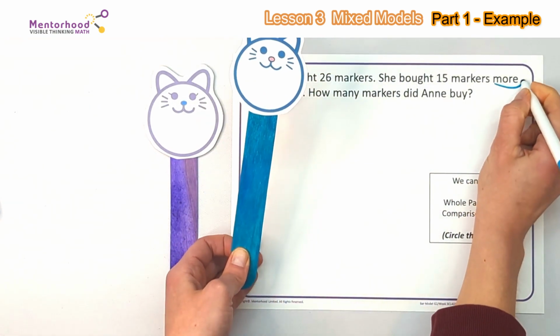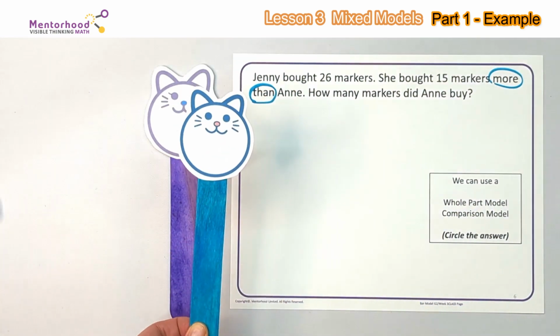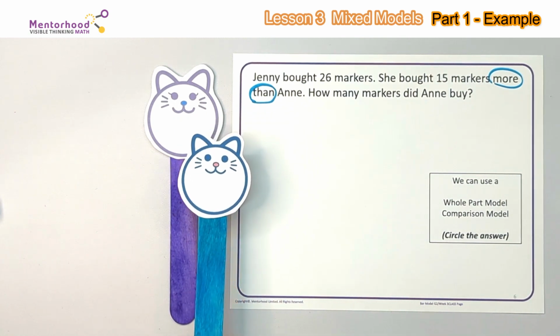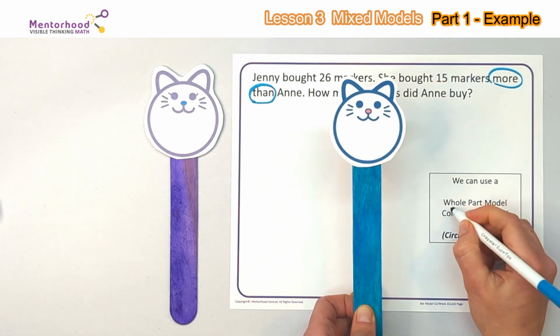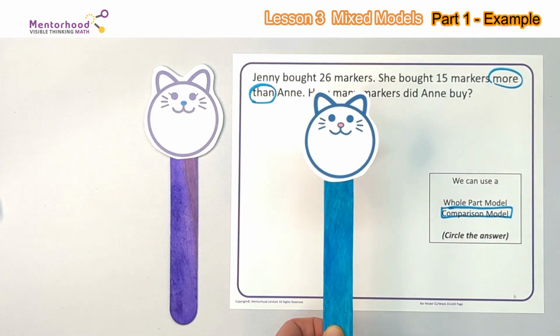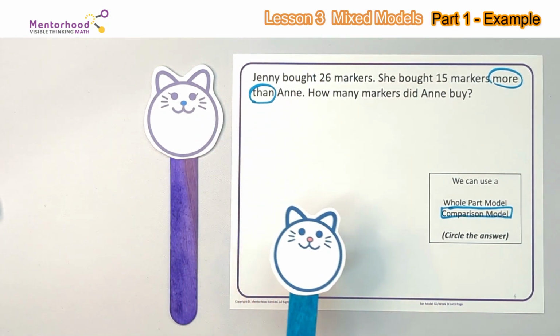More than. And anytime we're doing something that's more than, or less than, or fewer than, or anything like that, we're going to use a comparison model, because we're comparing two things. One, and then something else that is more than or less than it. That's two different things.